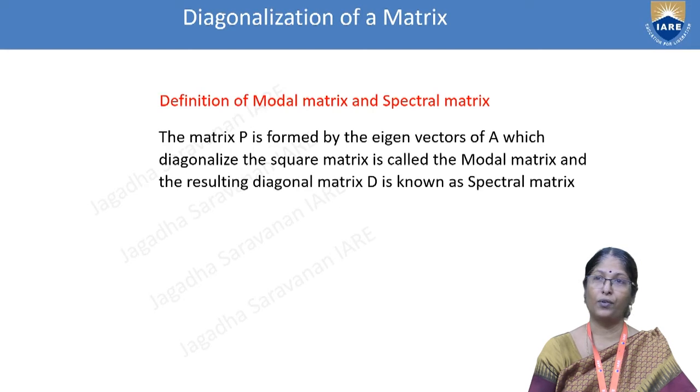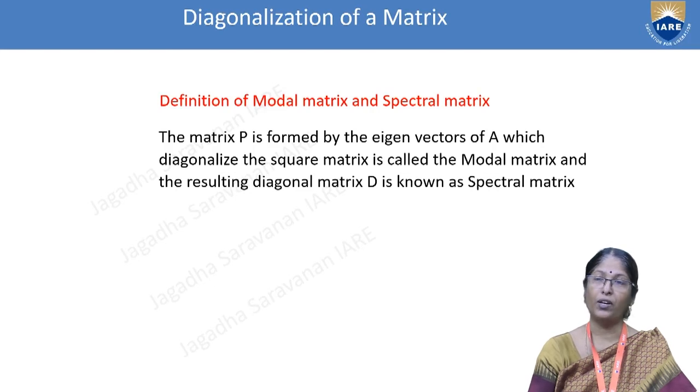That's what we found first, the eigenvalues, then corresponding to those eigenvalues we got the eigenvectors. The matrix which is formed with the help of eigenvectors is called the modal matrix, and it will diagonalize our square matrix.